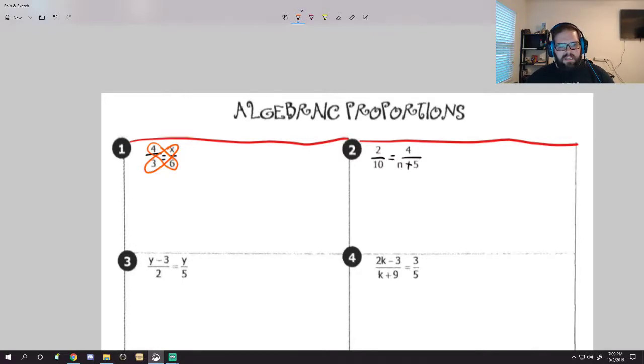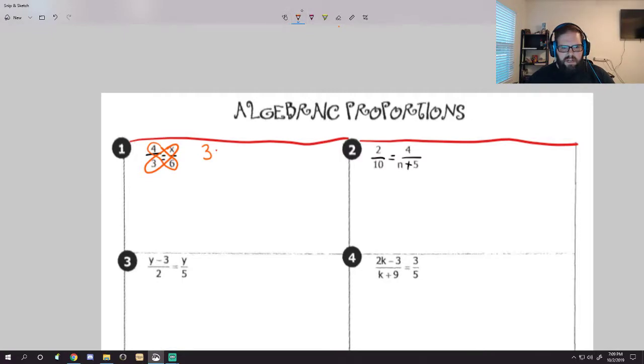Now what this is saying is that we have 4 and 6 together, so 4 times 6, and we have 3 times x. If I write out that problem, 3 times x, I am going to use my dot, because if we have a multiplication symbol and an x, it's going to look funky.